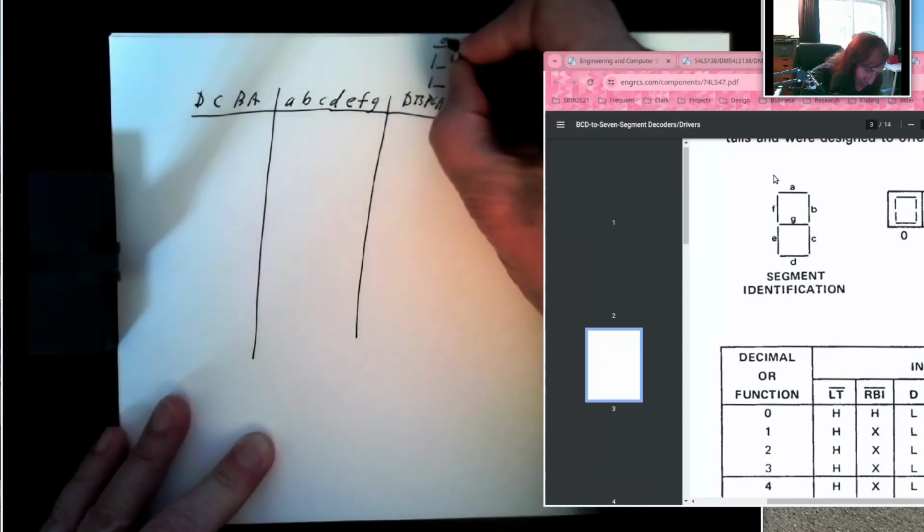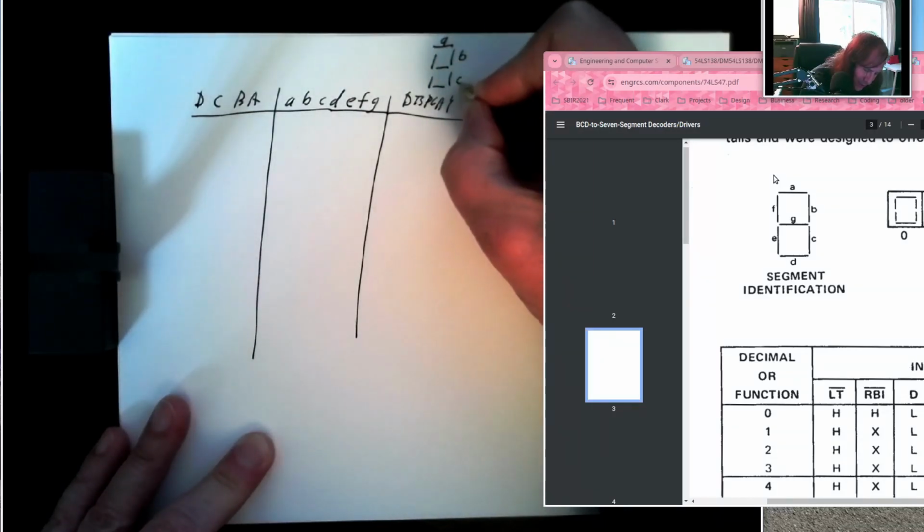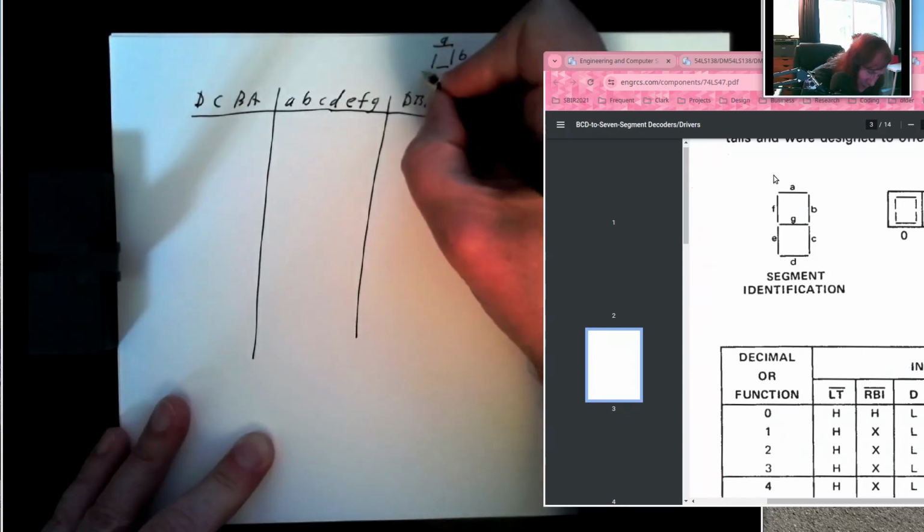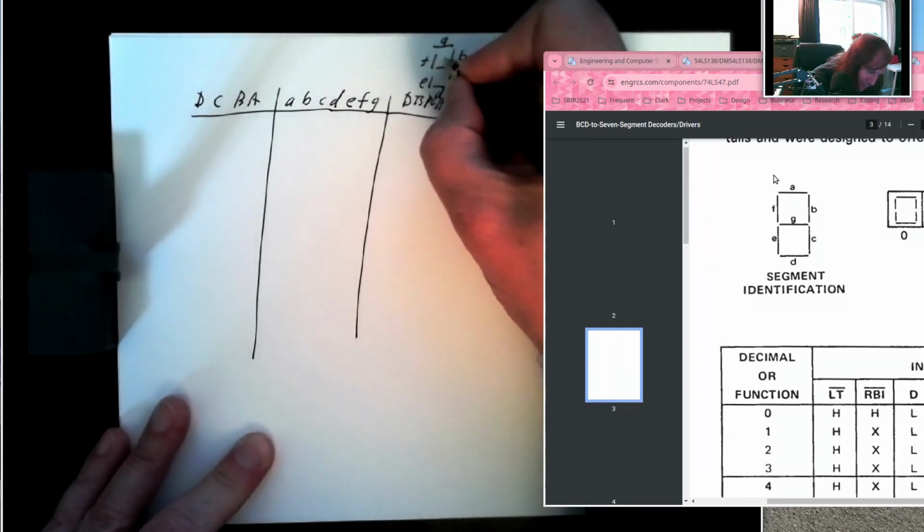And these segments are labeled A, B, C, D, E, F, and G.